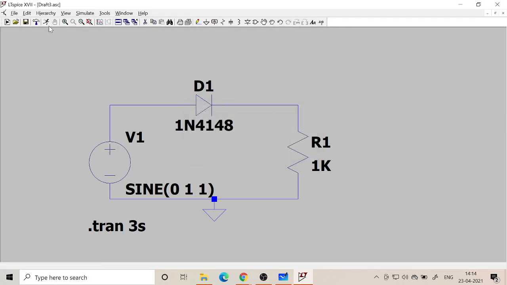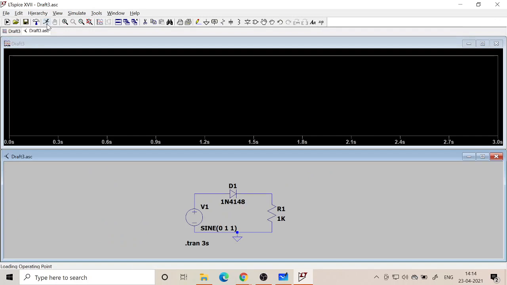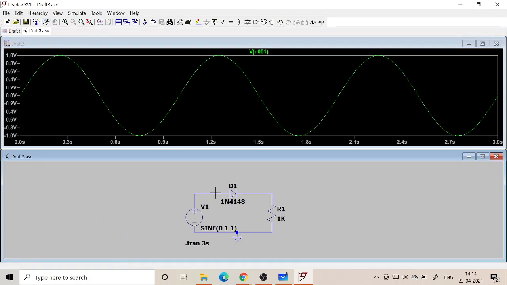Okay, and I run this simulation again. I plot the input. Now I should get 1 volt. As you can see in the waveform, the amplitude is 1 volt. Now if I plot the output, you will see there is so much difference. You see, the discrepancy is very pronounced.